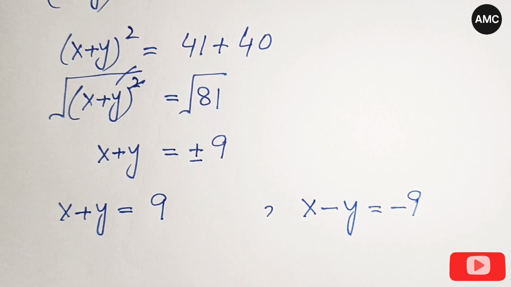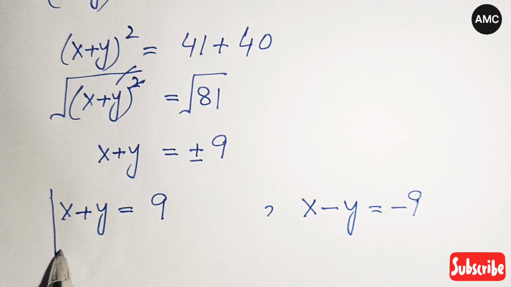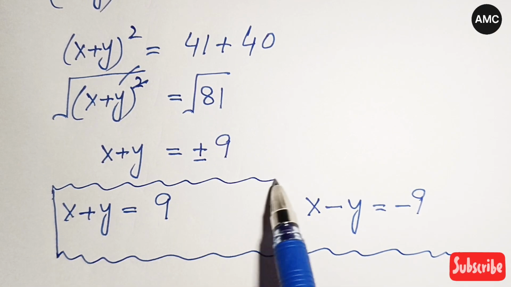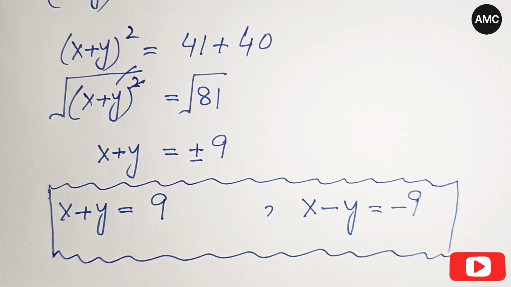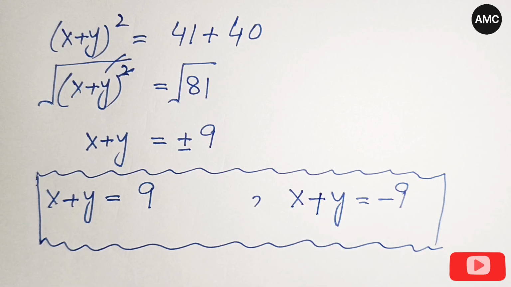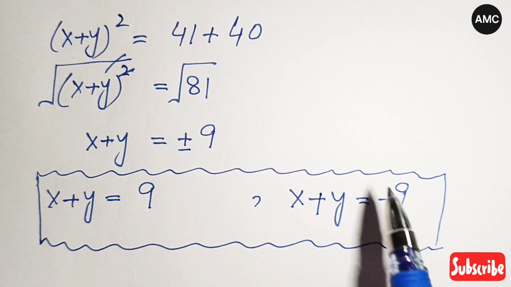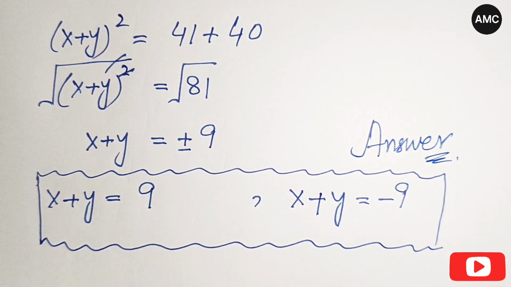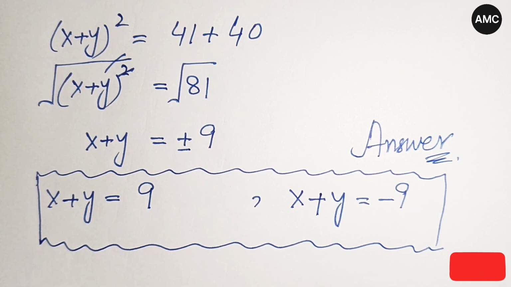Here we get two solutions for x plus y, so x plus y is equal to positive 9, and x plus y is equal to minus 9.